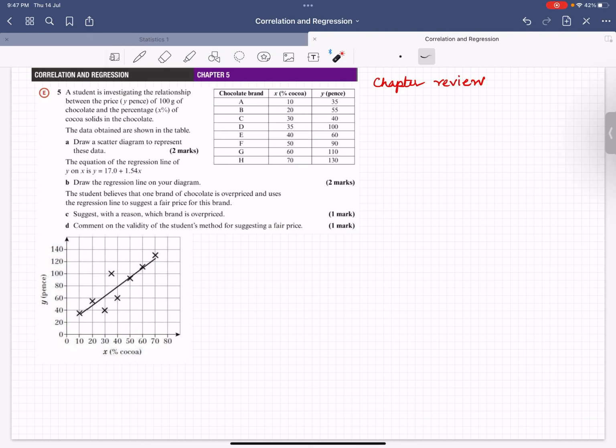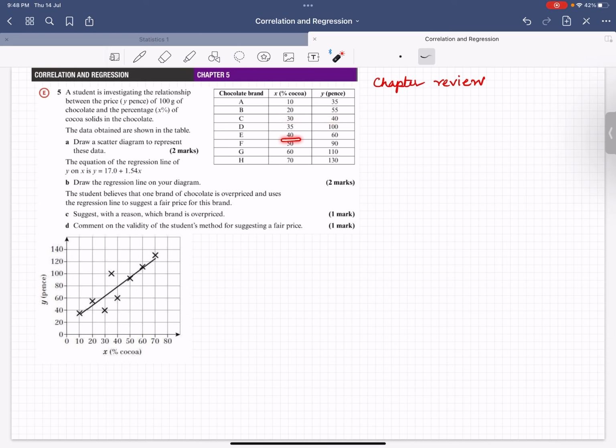Moving on, the student believes that one brand of chocolate is overpriced and uses the regression line to suggest a fair price for this brand. So we need to figure out which brand is overpriced. Looking at the table, we see that for example, brand C has 30% cocoa and the price is 40.